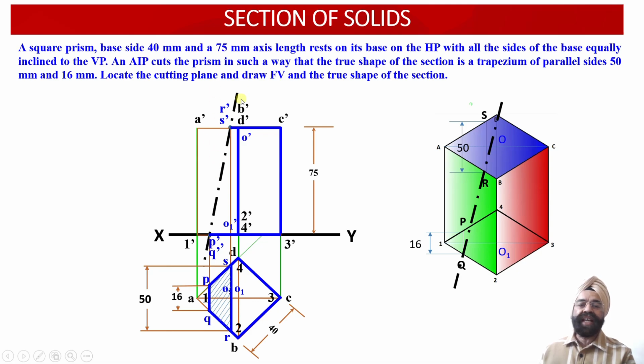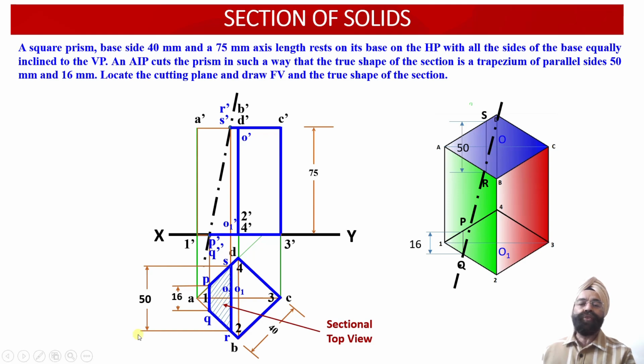Since this cutting plane is inclined with respect to the horizontal plane, the projection of the cut surface obtained in the top view, as the sectional top view projection, will represent the apparent shape projection of this truncated square prism.